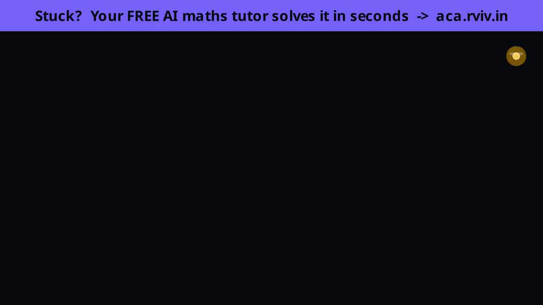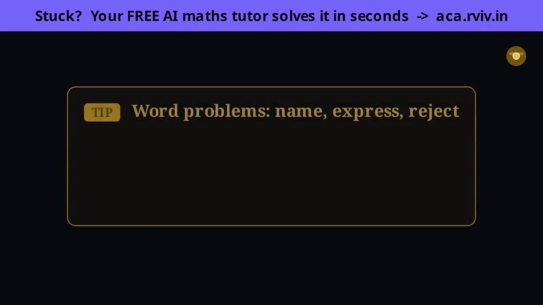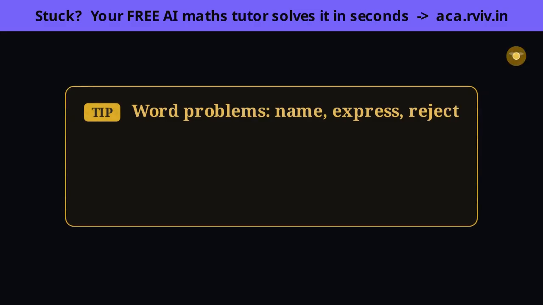For word problems, follow 3 moves every single time. First, name one unknown with a letter, usually the quantity the question actually asks for. Second, express every other quantity in terms of that letter, using clues like consecutive, sum, or more than, then build the equation from the area, product, or time condition.